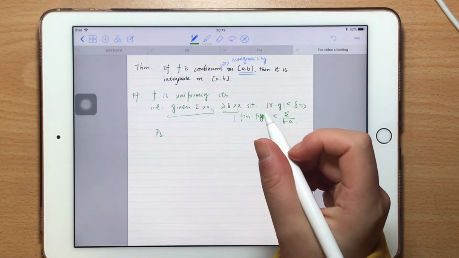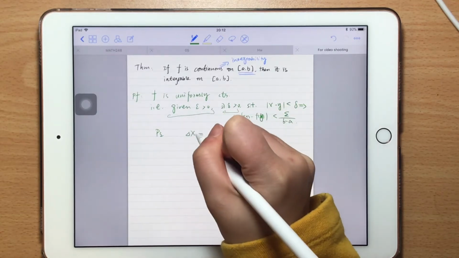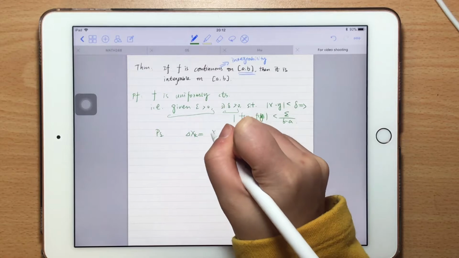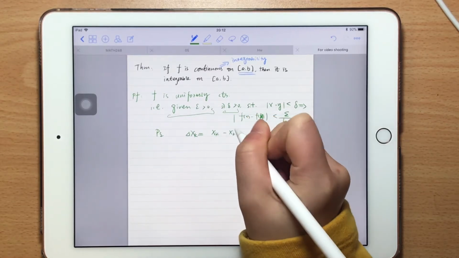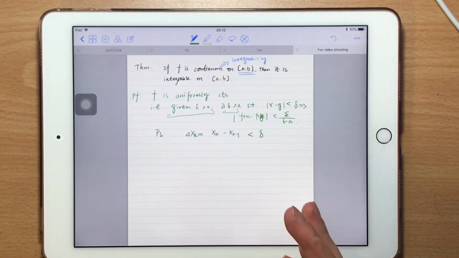That is to say, delta xk, which is equal to xk minus xk minus 1, is always smaller than delta. This is the way we partition the interval AB. But the length of each subinterval might not necessarily be equal.